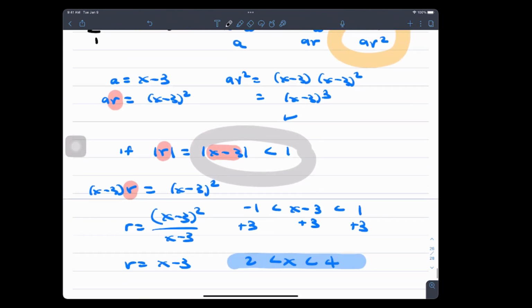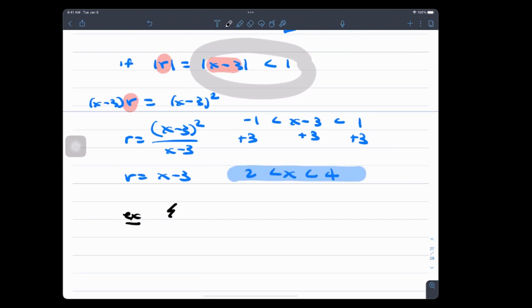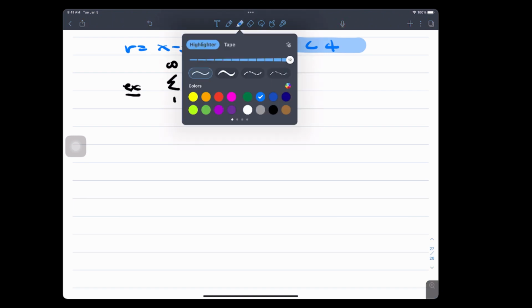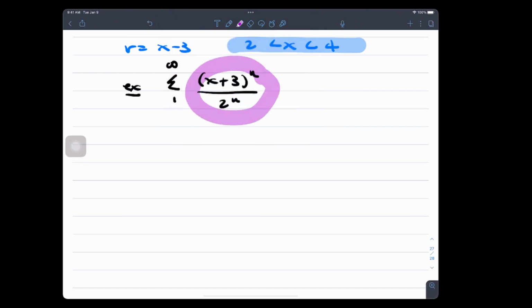Okay, so another example of something like this would be, what if they gave you the sum of x plus 3 to the n over 2 to the n, from 1 to infinity. That's also geometric. Now you might say, well, why would that be geometric? Well, this actually simplifies to x plus 3 over 2 to the n, just using a little bit of algebra.